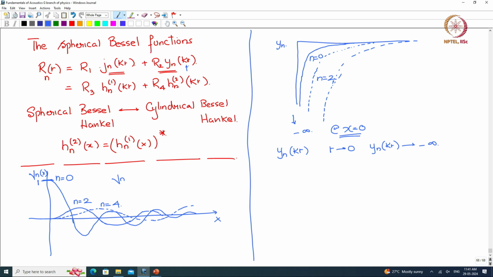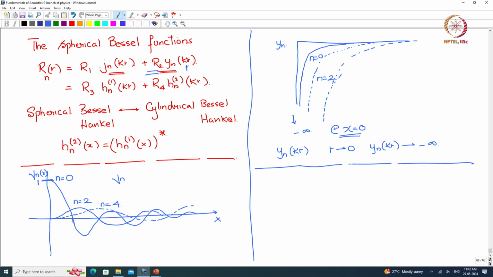So in the problems where the origin r equal to 0 is included, we cannot have a Yn, so that coefficient must be 0. So that is the nature of Jn's and Yn's.